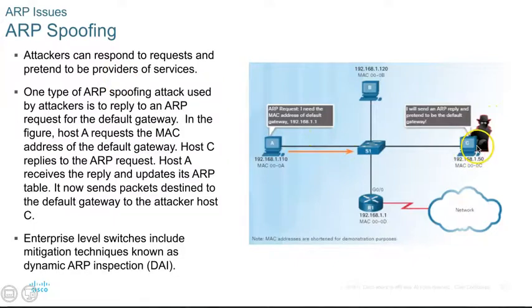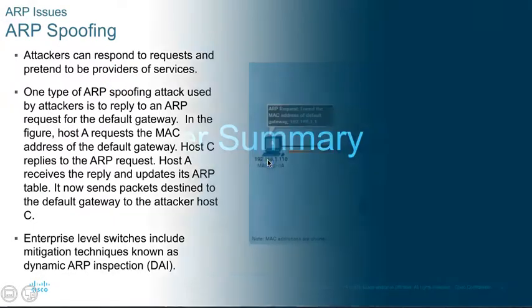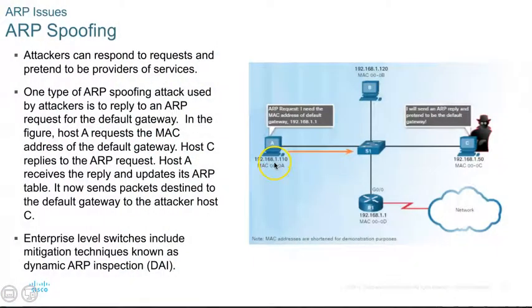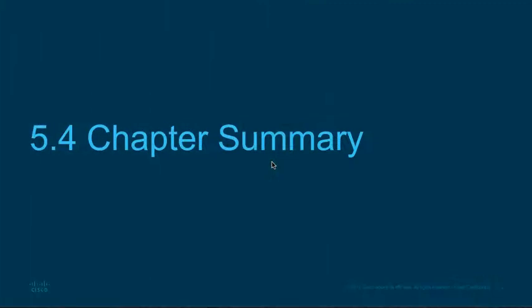This hacker right here is going to wait for this PC to query, to ask, hey, router 1, I need your MAC address. And before this router returns its MAC address, the hacker's PC will reply with its own MAC address. This is known as ARP spoofing, and it's an example of an ARP attack.